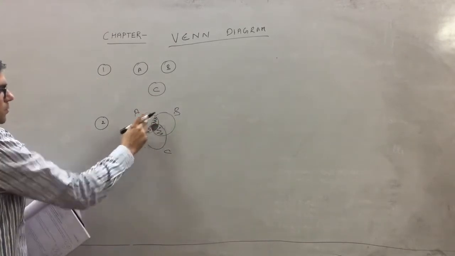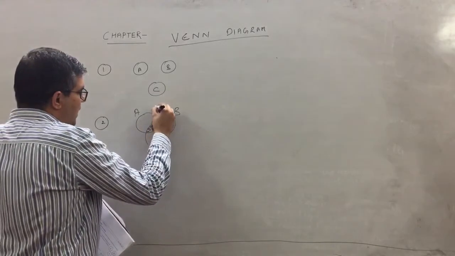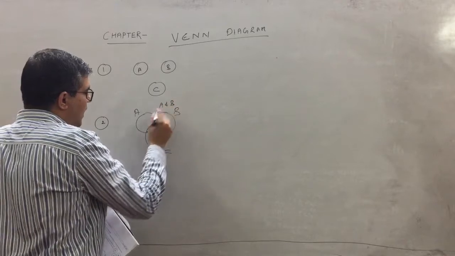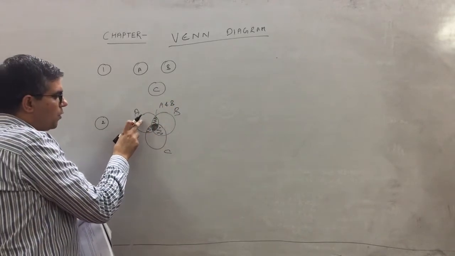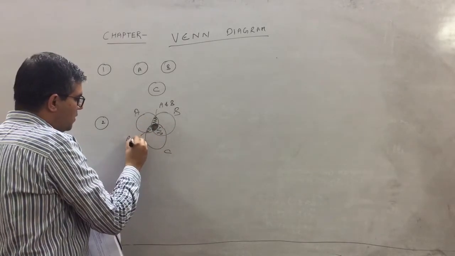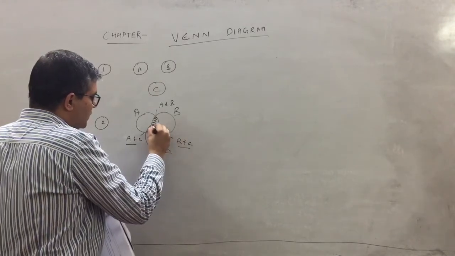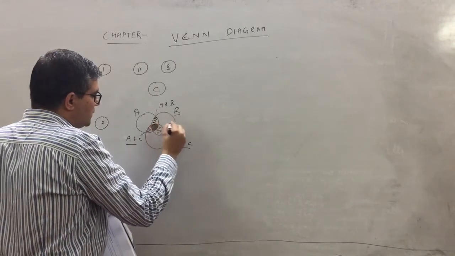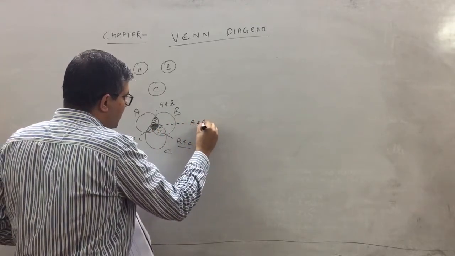The areas which I have shaded, these are A and B. Any item falling under this area will have to come under A and B both. This is A and C. This is B and C. And this dark area, the completely dark center part, is A and B and C.